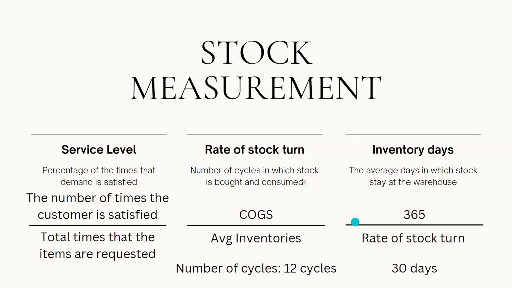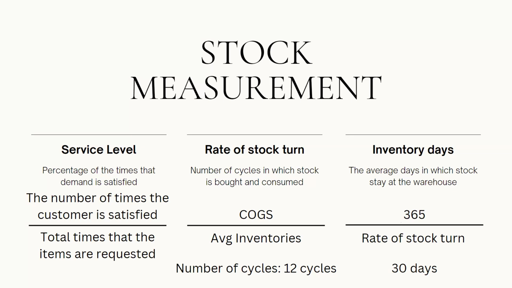The second measure is the rate of stock turn, and its sister measure is the inventory day. The inventory day measures the average duration in which the stock stays in the warehouse. So if I say that my average inventory days within a year is about 30 days, it means that within a year I have 12 cycles of stock turn.